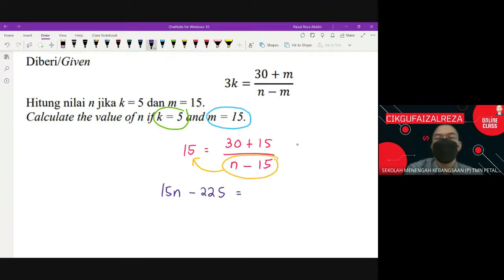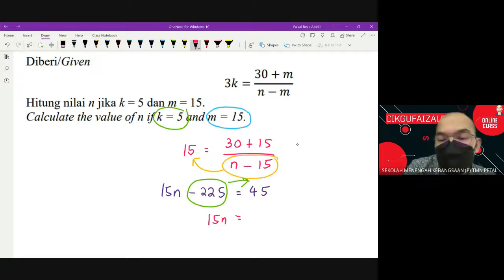I'm going to get 45. Then I'm going to bring negative 225 to the right side. I'm going to get 15n equals 45 plus 225. What do you get? 270. So can I find my n now? 270 divided by 15. What do you get? 18.